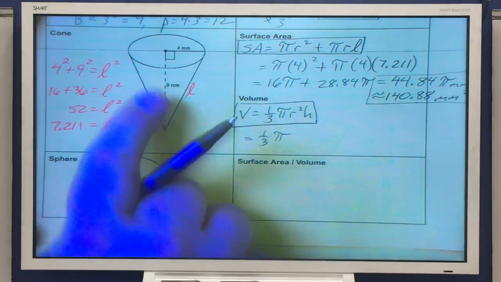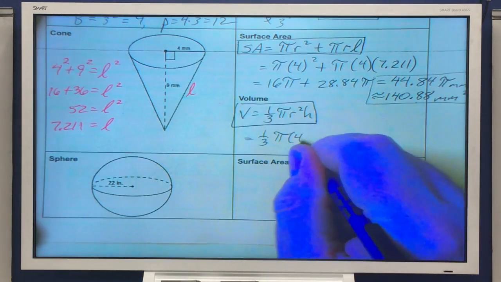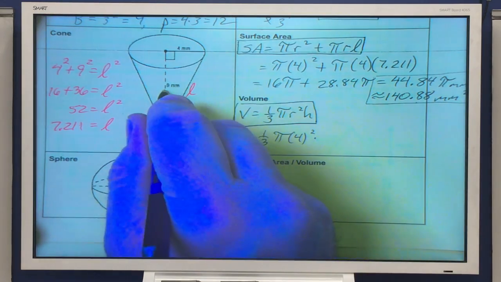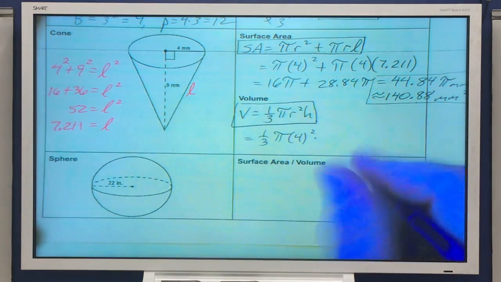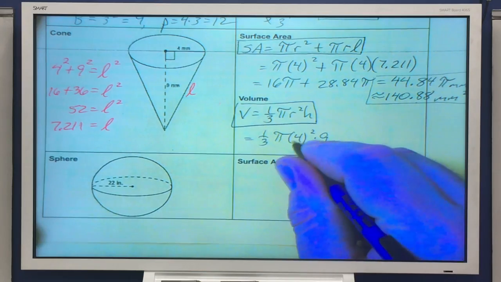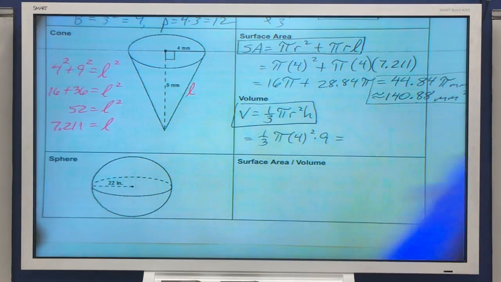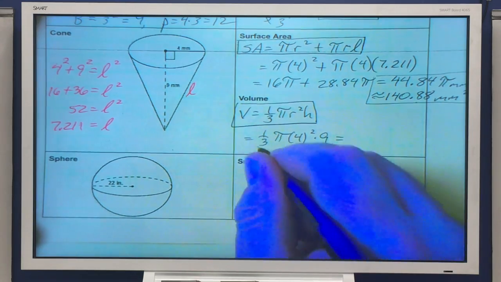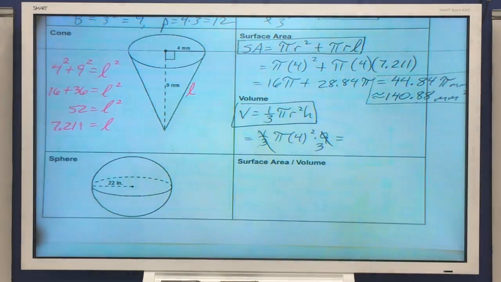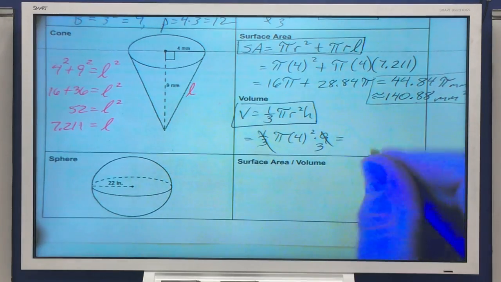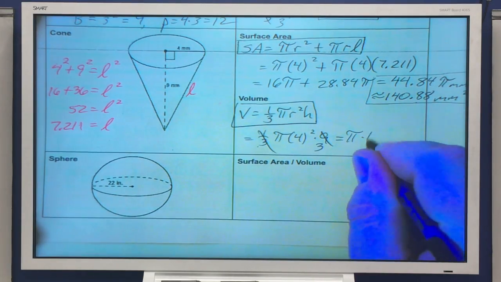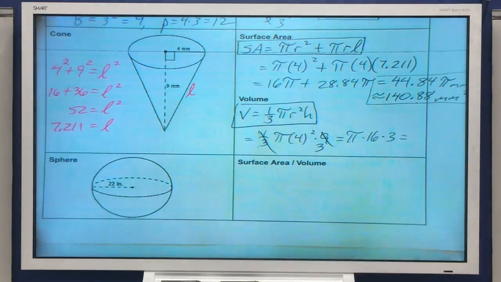1/3 pi, the radius is 4 squared, times the height, not the slant height, but the height is 9. Oh, by the way, 1/3 of 9 is 3. So I have pi times 16 times 3.